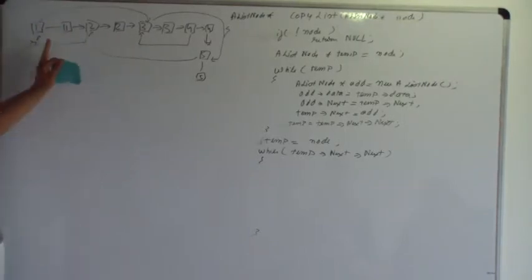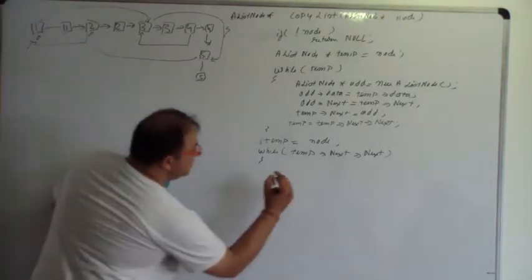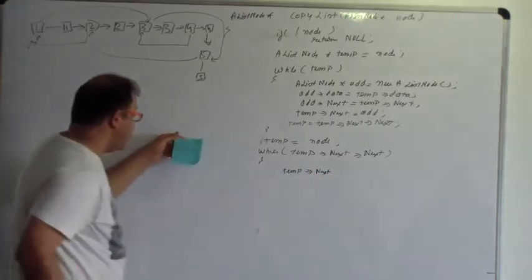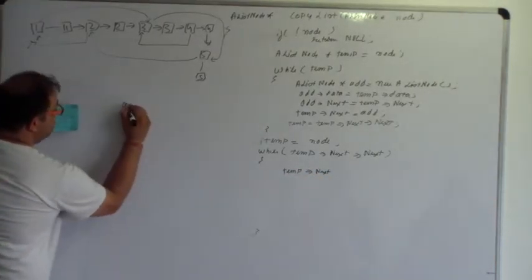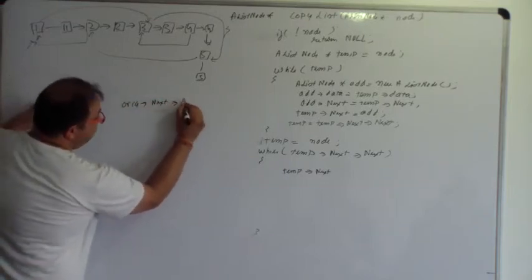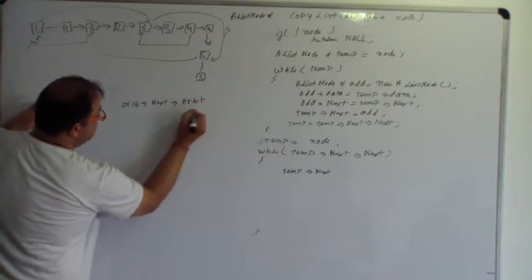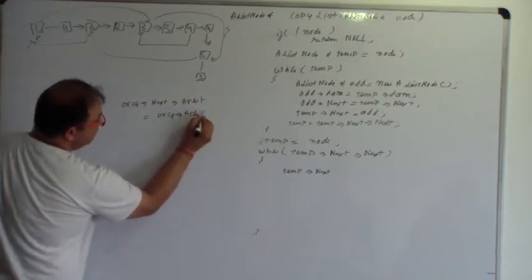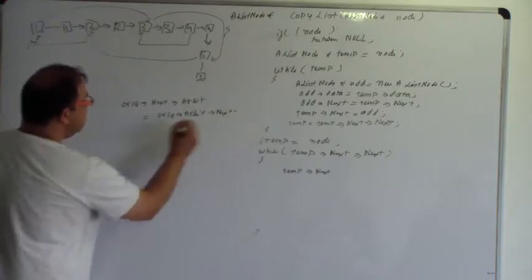Okay, so what are we doing? We will say temp arrow. So we have to do this. Original arrow next arrow arbitrary is equal to original arrow arbitrary arrow next, right?